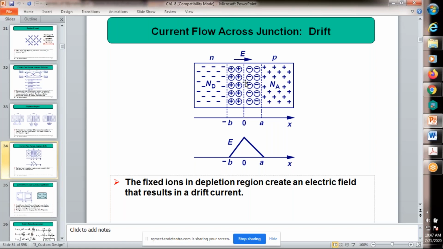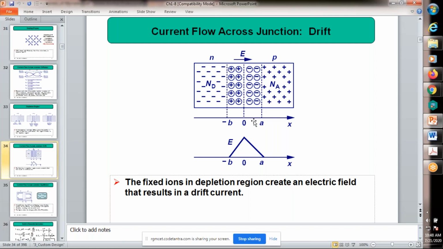That means the electric field is maximum at the junction point, x equal to 0. Similarly on this side, for x greater than A there is no electric field, and for x less than A there is an electric field. The electric field is maximum at the junction point x equal to 0.